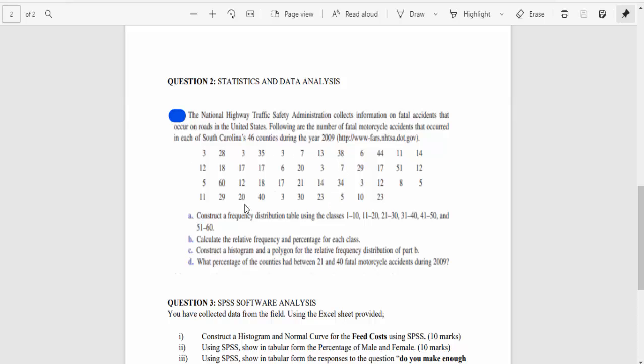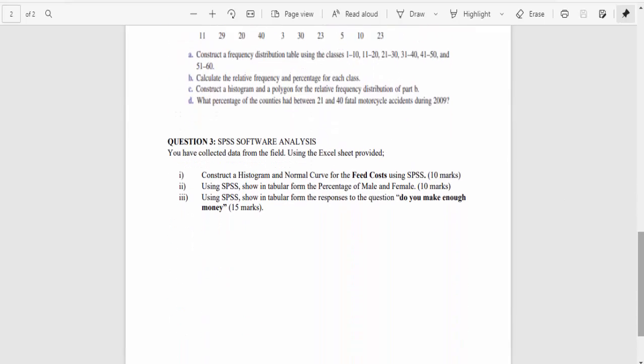So they give you all this data. Construct a frequency distribution table using the classes. So this is what you're supposed to do. Calculate the relative frequency. We teach this. This is what you're supposed to do with that data. We actually teach all these things, and it helps M&E professionals become more proficient in what they do.